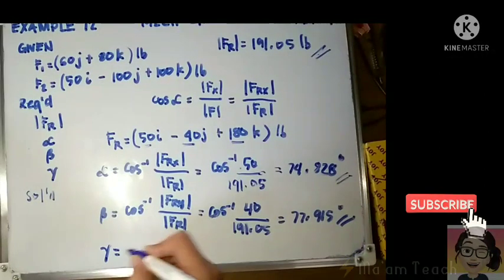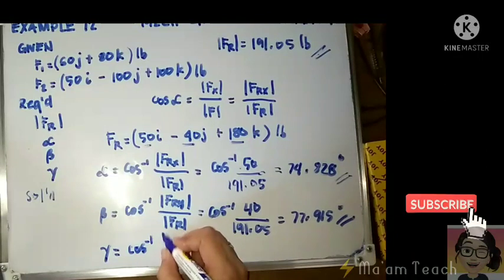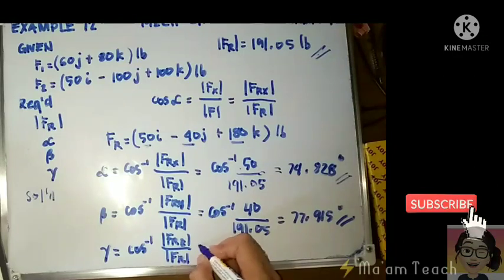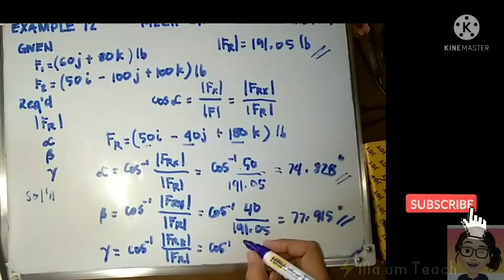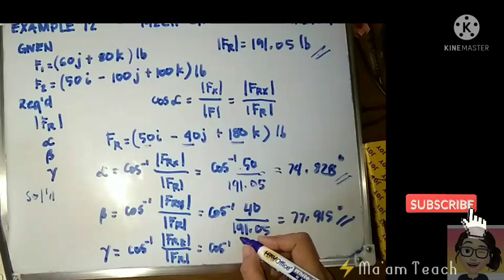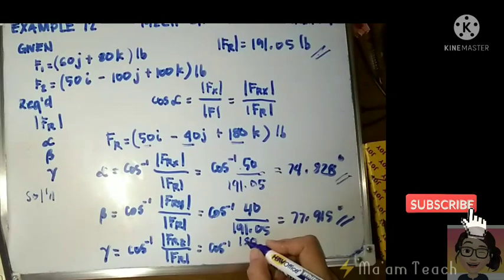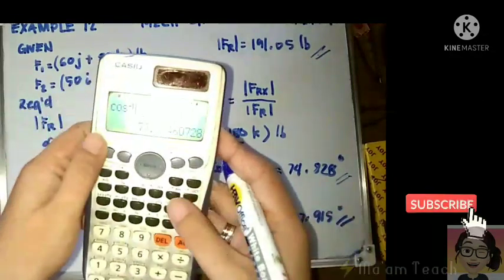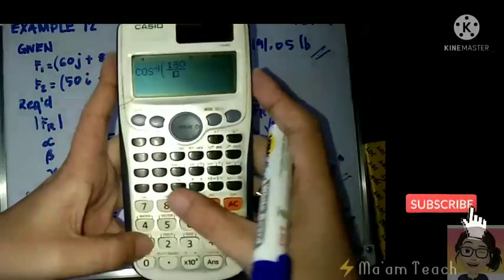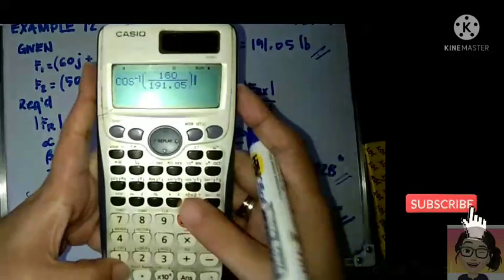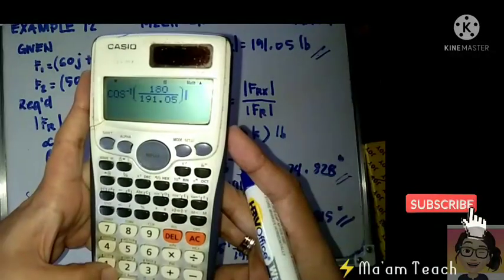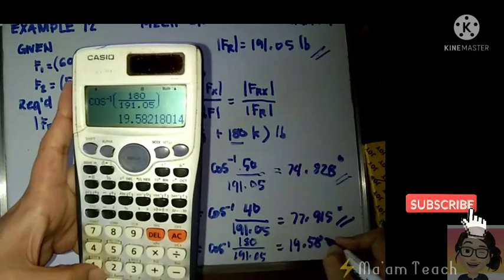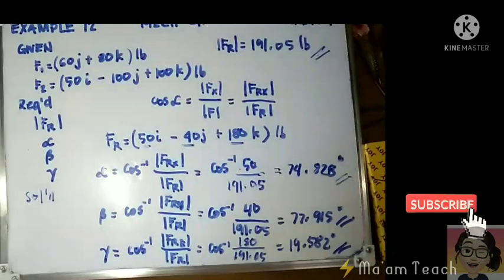Lastly, for the gamma, arc cosine of the z component over F sub R, 180 over 191.05, which gives 19.582 degrees. That's the answer.